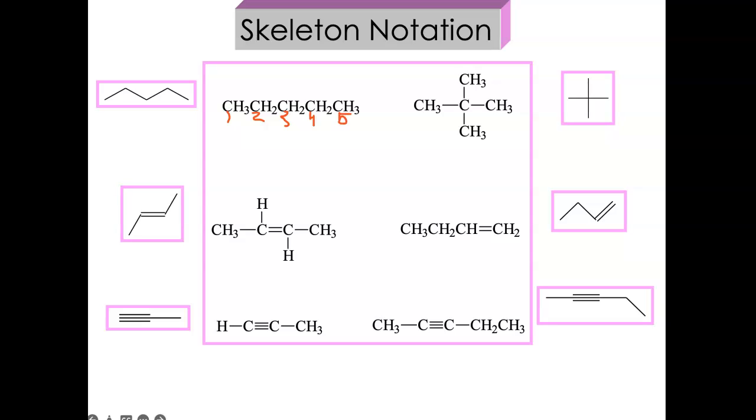So when we do a skeleton notation, you can see that at each bend of our skeleton, in the beginning and the end, those are the locations for these carbons. And the same thing with the alkene with the double bond below and the alkyne with the triple bond. And so you can see how that works.